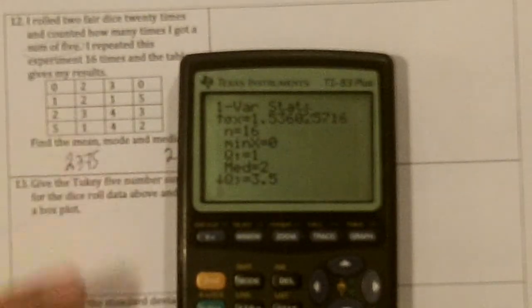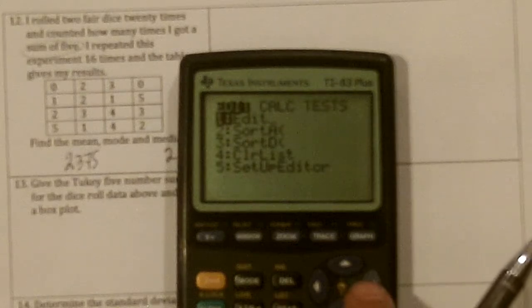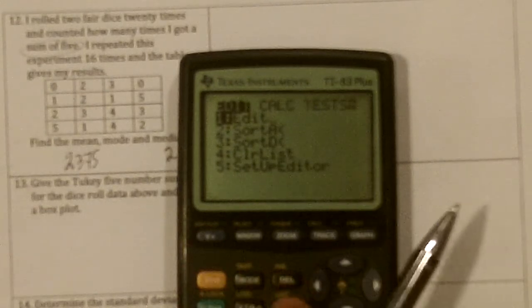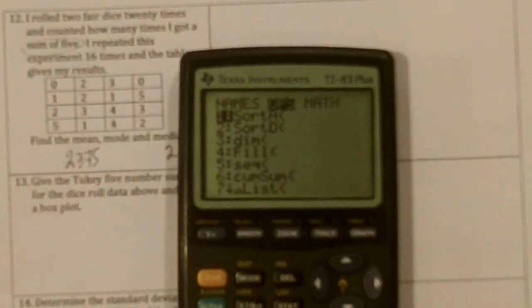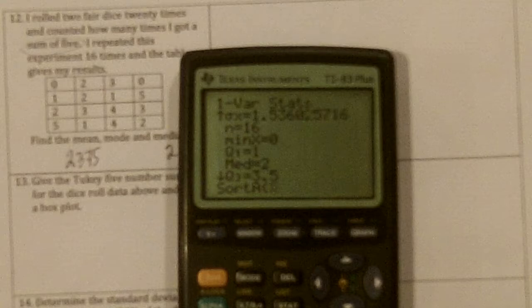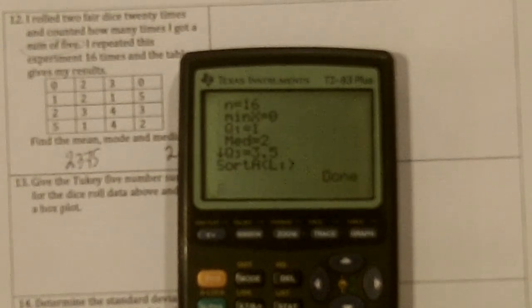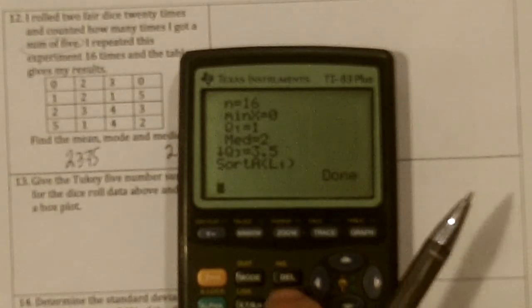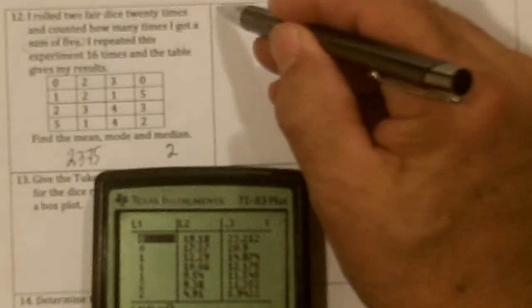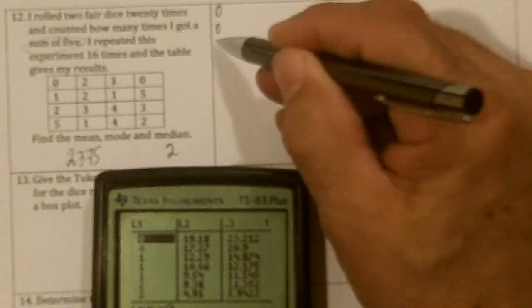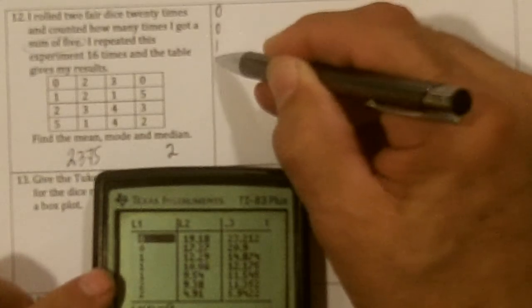And for the mode, I'll use a little bit of my calculator to make it easier. Stat, edit, go to operations and sort ascending list 1, close parenthesis. Now list 1 is in order, and we had 2 zeros, 3 1s, how many 2s?